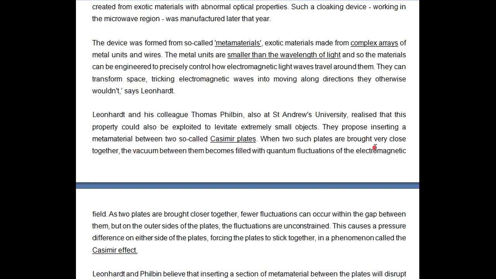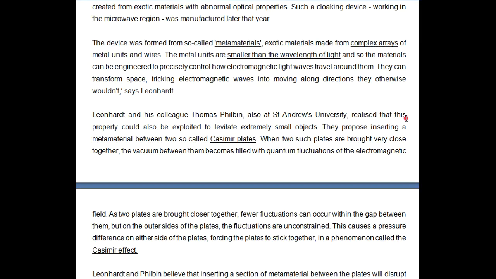When two such plates are brought very close together, the vacuum between them becomes filled, so vacuum is filled, it is saying, with quantum fluctuation of the electromagnetic field. As two plates are brought closer together, fewer fluctuations occur within the gap between them. But on the outer side of the plates, the fluctuations are unconstrained, so they cannot be controlled, it is saying, on the outer side. This causes a pressure difference on either side of the plates, forcing the plates to stick together in a phenomenon called the Casimir effect.